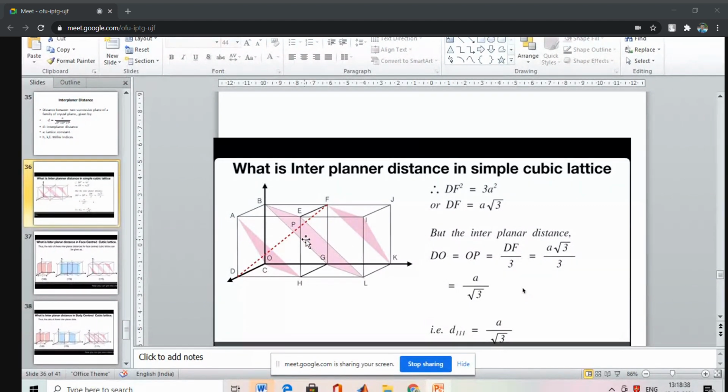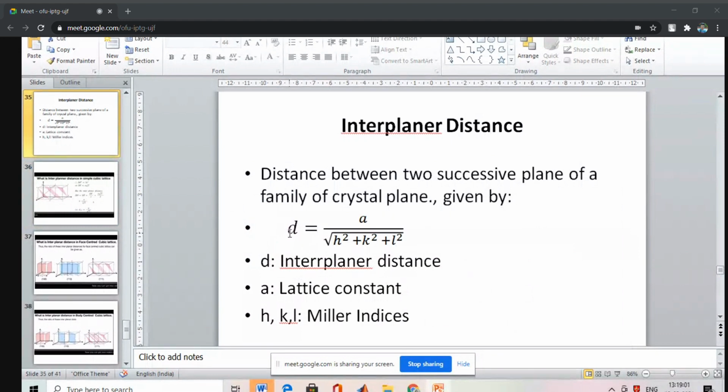Actually, from the geometry of the diagram, and by considering another 1, 1, 1 plane in the next unit cell, this distance is calculated, and it comes A by root 3. But you just leave these calculations, no need to see this. We just see our formula: d is equal to A upon root h square plus k square plus l square. In case of simple cubic crystal, this formula is valid.